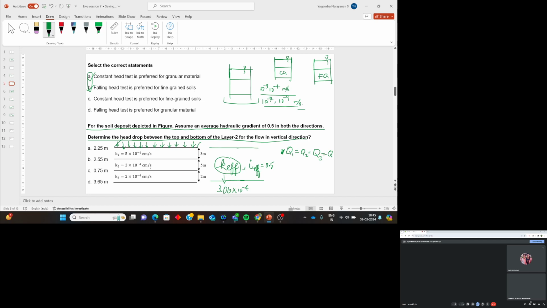Now which layer do we want? We want layer 2, so we will take this relationship. Q2 is equal to Q. Now Q will be K effective into I effective into A. Q2 will be K2 into I2 into A. Now A will get cancelled.